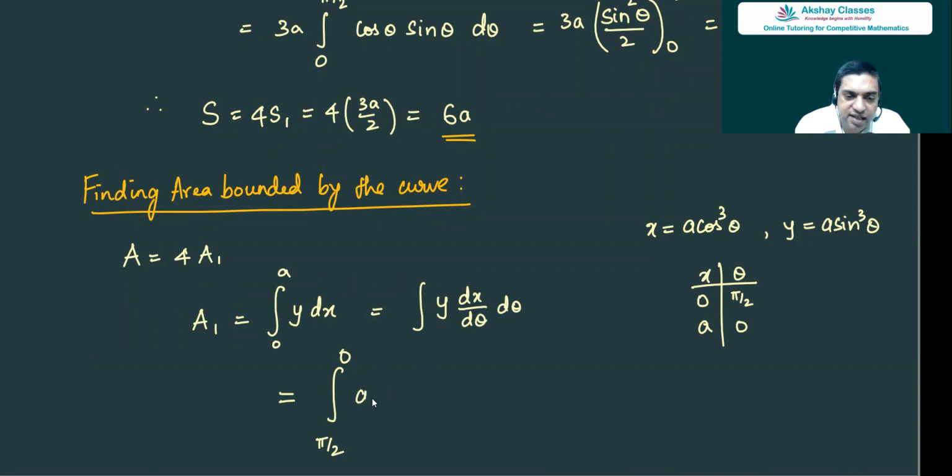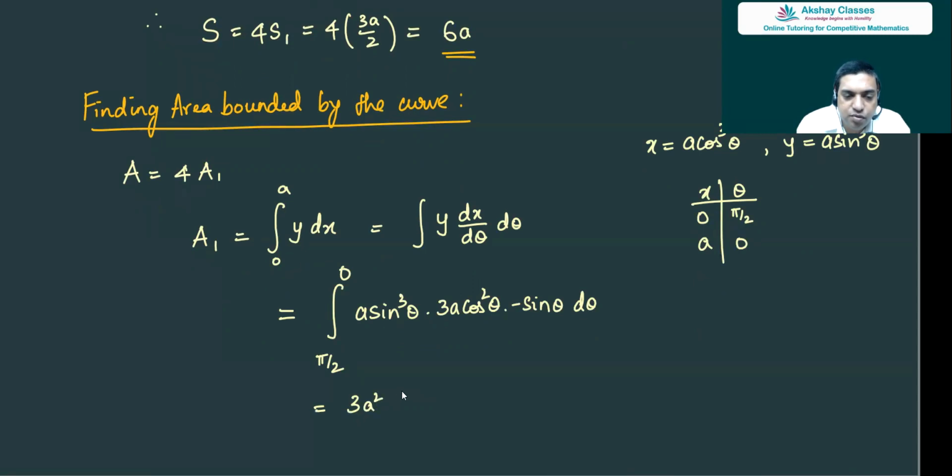Y is a sine cube theta into dx by d theta, which is 3a cos square theta into minus sine theta d theta.